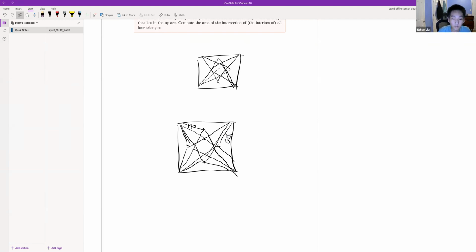And the angle between these two is 120 degrees. Yeah, this is true.